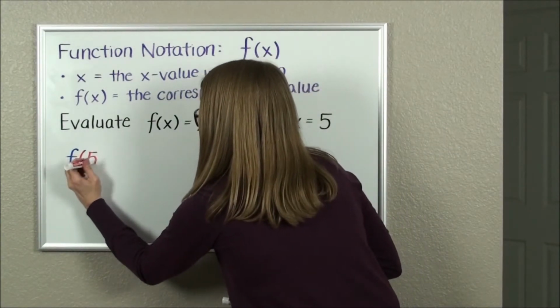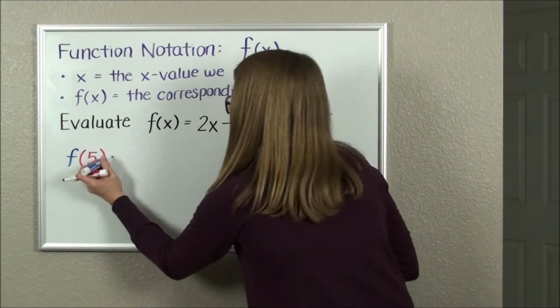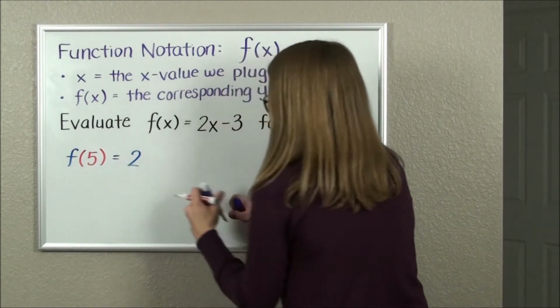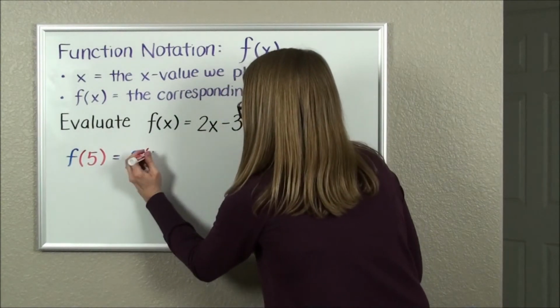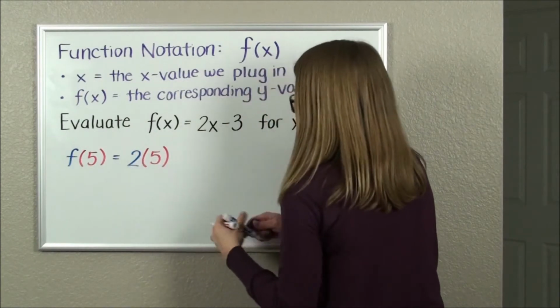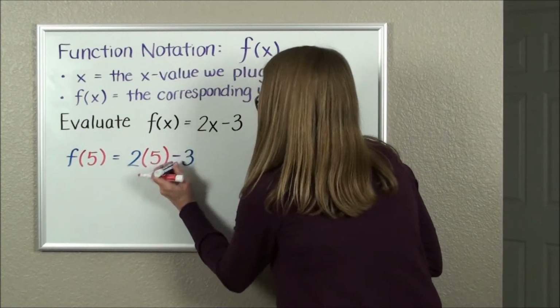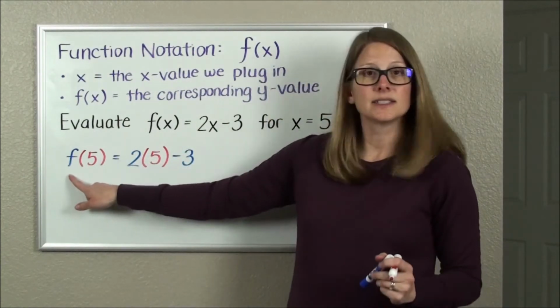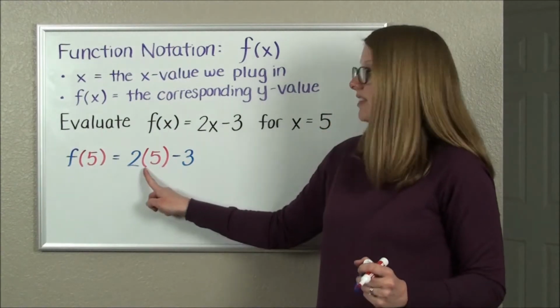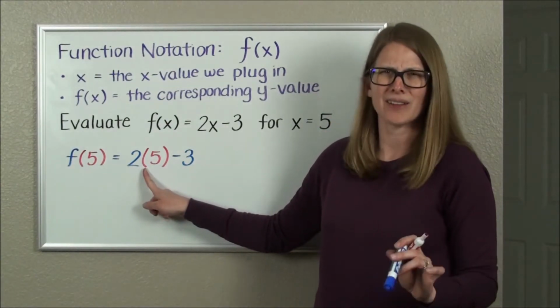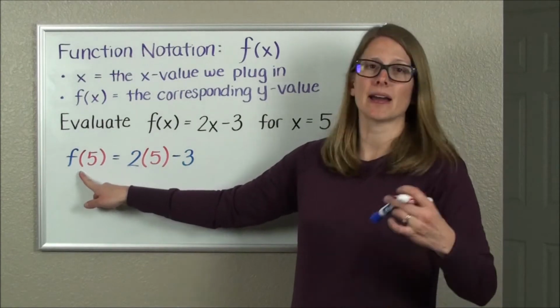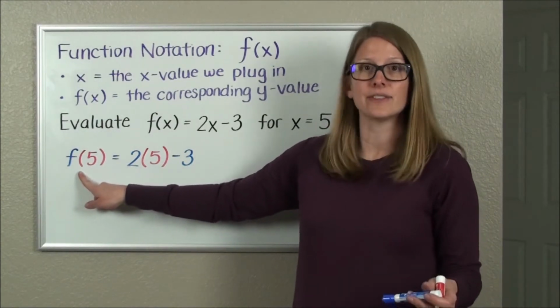So f of 5 equals 2 times 5 minus 3. Again, this is not the same thing as saying f times 5. This does say 2 times 5, so it's a little bit tricky. It's just going to be a matter of getting used to seeing that f symbol.